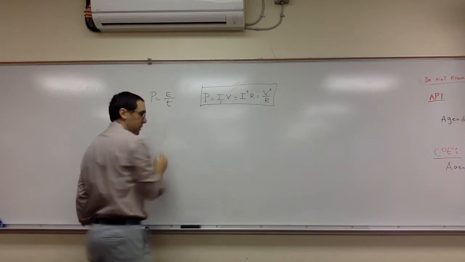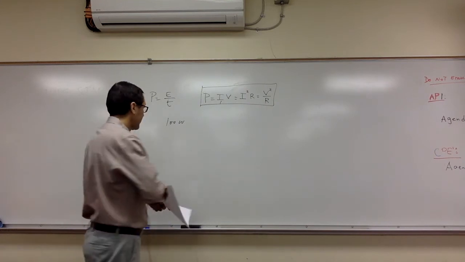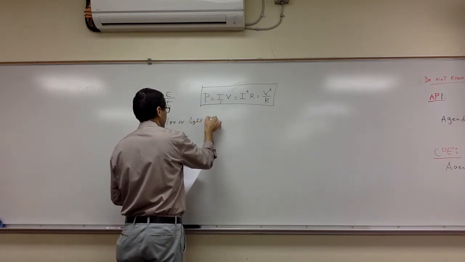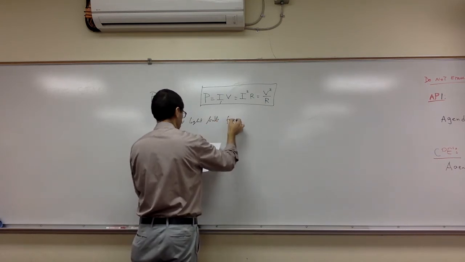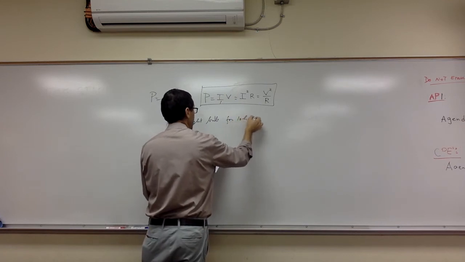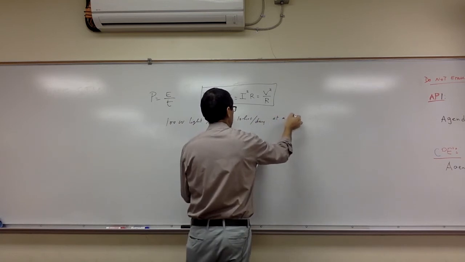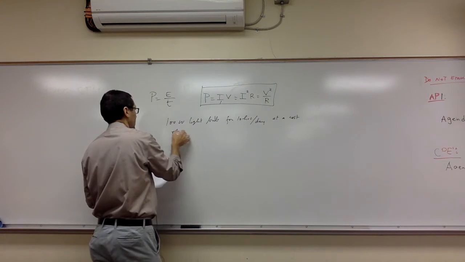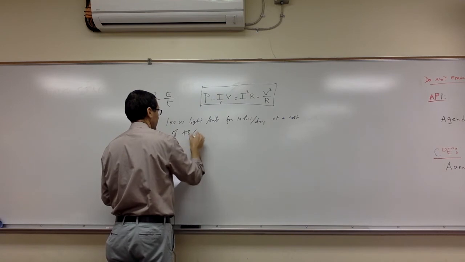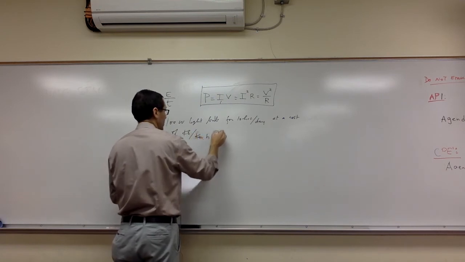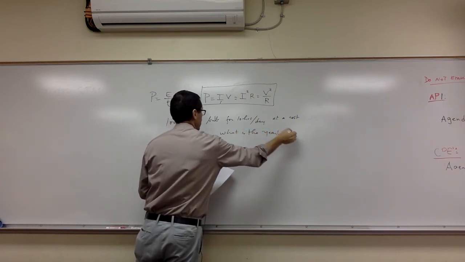So let's just say the example I'm going to use, if I have a 100 watt light bulb, running for 10 hours a day at a cost of 8 cents per kilowatt hour. Okay, what is the yearly cost?